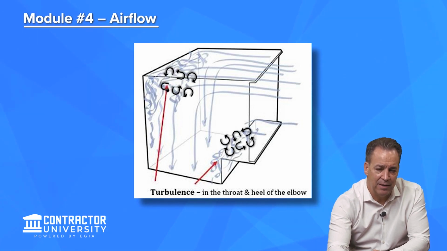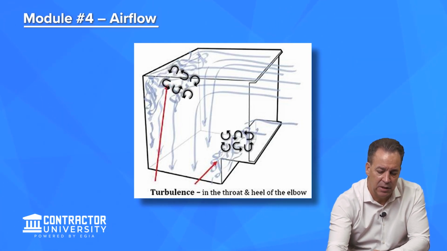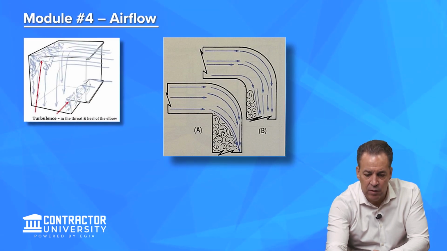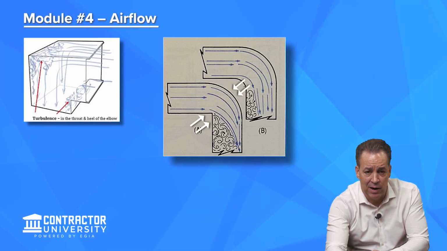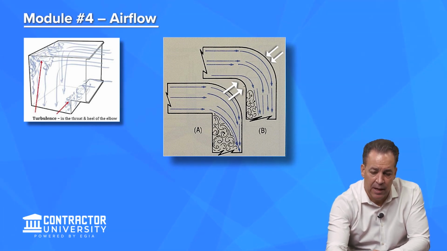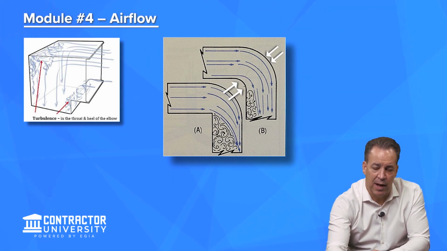And this air can't make the turn as easily as it could. So something to do better would be to do something like this, right? Round the outside radius, but you still have this inside heel, and look at the problem it's creating. So again, by going with round and sweeping the elbow on the inside and the outside radius, you minimize that dead spot.